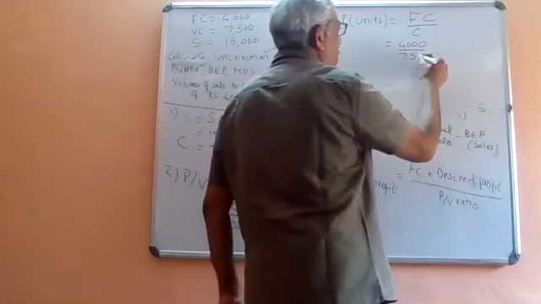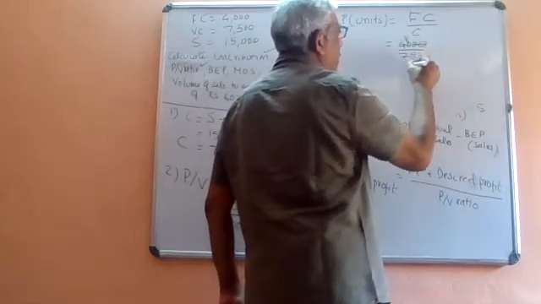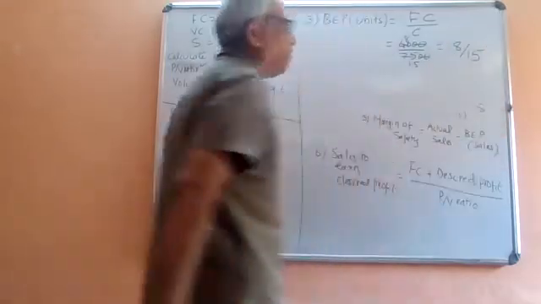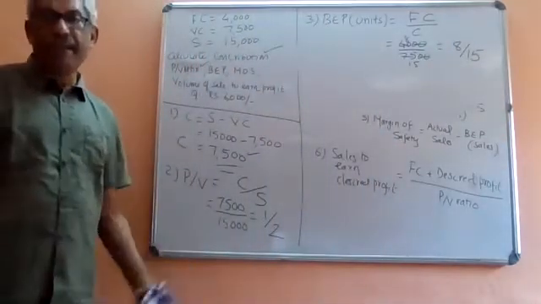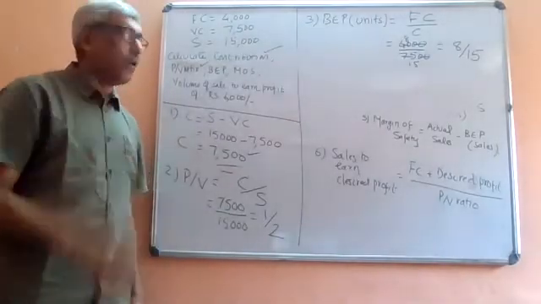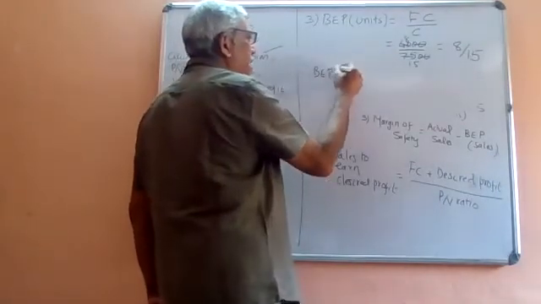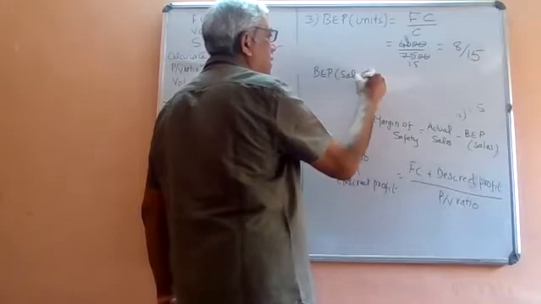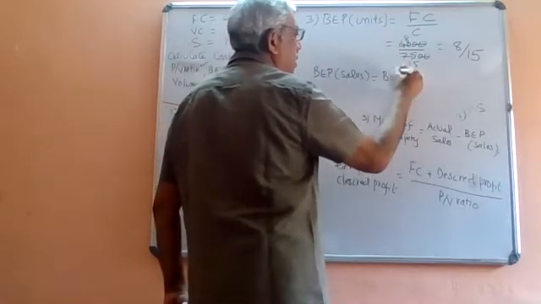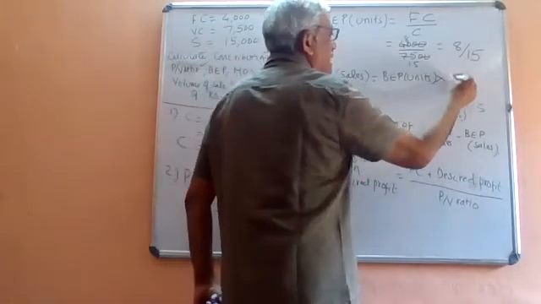If you divide, it is 8 by 15. You can put it in fraction also. Now, what is break-even point sales? Break-even point sales, or rupees, is break-even point units into selling price.